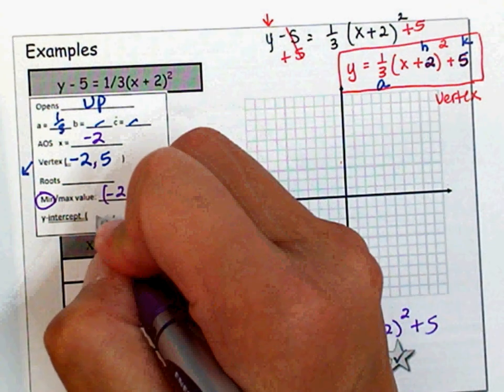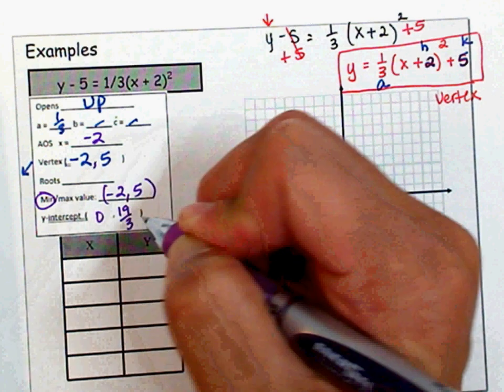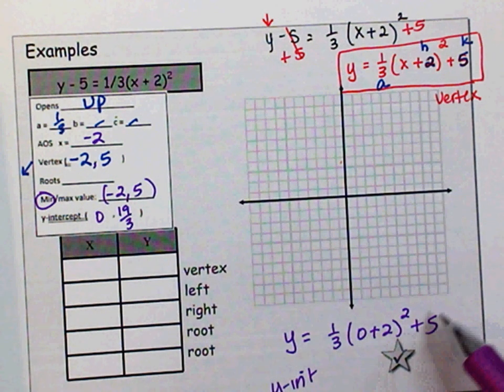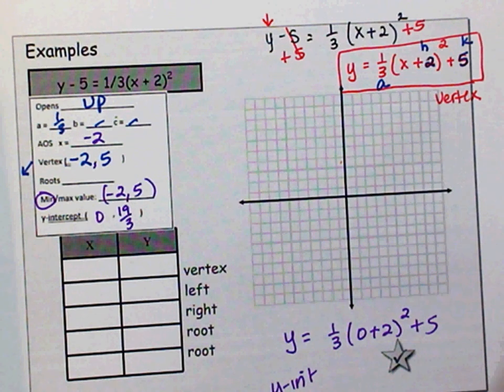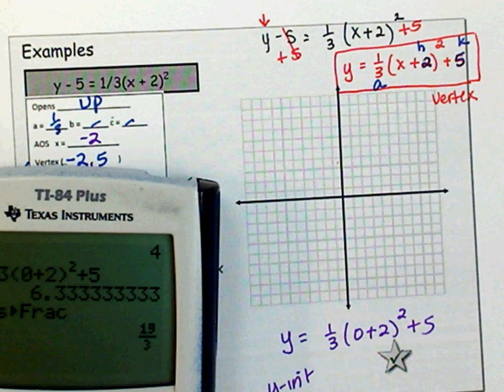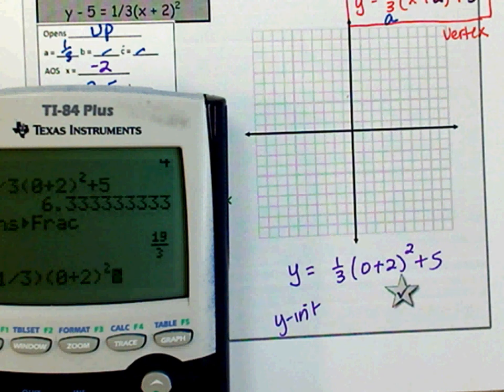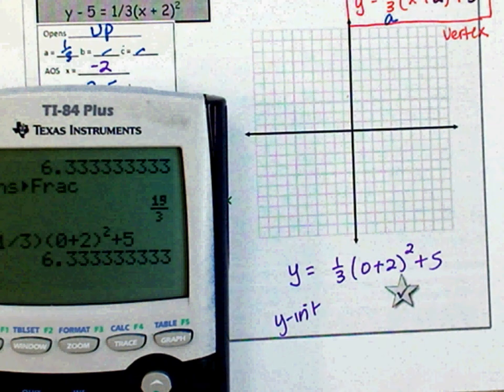So 0, 19 over 3. We're going to check on that real quick. I hope it's right. X is 0. Did I type it in correctly? I think so. Let me try it differently. Parentheses, 0 plus 2, square, plus 5. Yep, that's it. Just wanted to make sure.